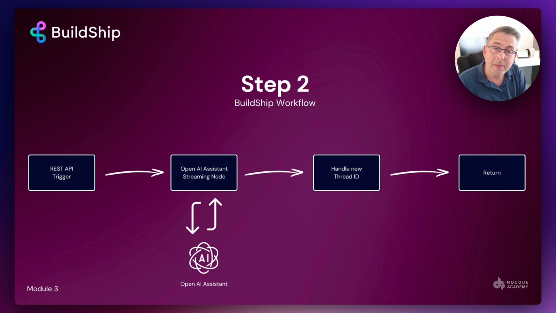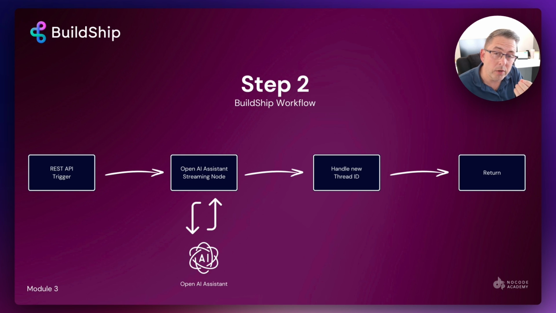Then at runtime it's going to invoke the OpenAI services, and then we're going to gradually return all of that data back into the workflow, which we're going to pass on to our client application as it gets delivered. But along the way, what's really important as well is that when we invoke that OpenAI system, we are going to get back a thread ID. That is the conversation ID that we're pretty much going to have here.